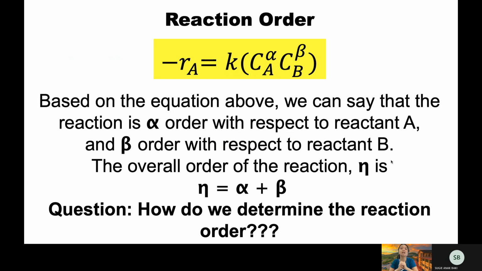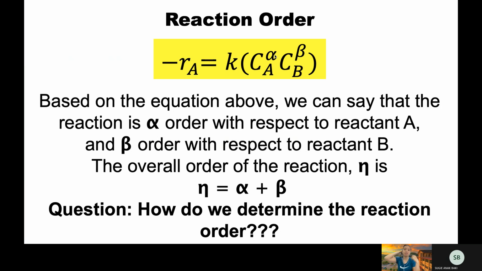Meaning, if you say the reaction is first order, you must say specifically, is it first order with respect to A or first order with respect to B? Okay, so let's say the reaction is first order with respect to A and first order with respect to B. You can't just say the reaction is second order.